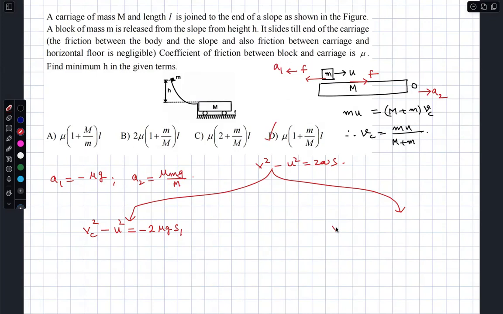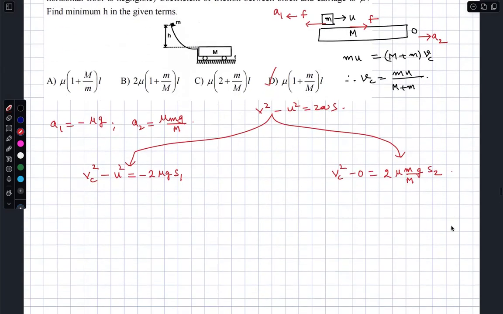Here, VC square minus 0 is 2 mu m by capital M G S2. Please hold on here. Please rewrite this properly. S1 is U square minus V common square by 2 mu G.